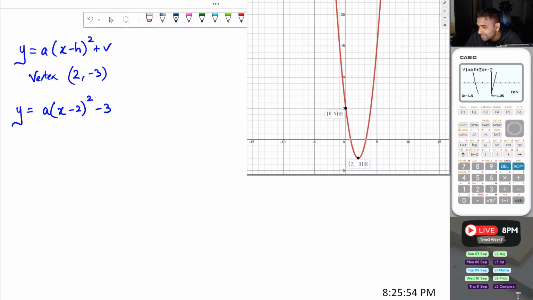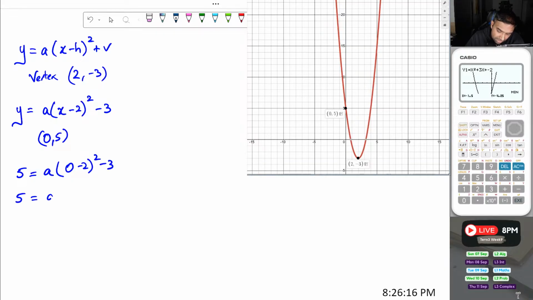Now the next part is I need to figure out what the a value is. To figure out the a value, I'm going to use the point (0, 5). So if I use the point (0, 5), then y is equal to 5 = a(0 - 2)^2 - 3.